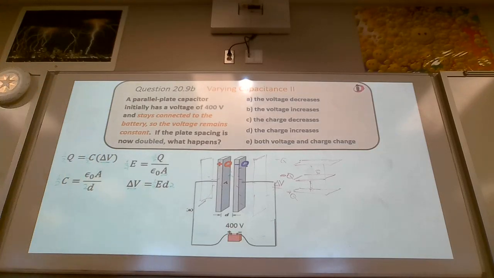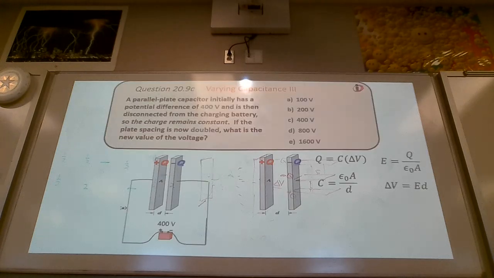No, they don't float in the air. They backfill, they go back into the battery, back into the wire. They're stuck in the system of the wire, the capacitor and the battery. All right. That was a lot.